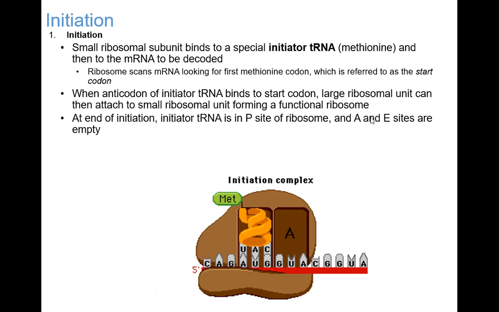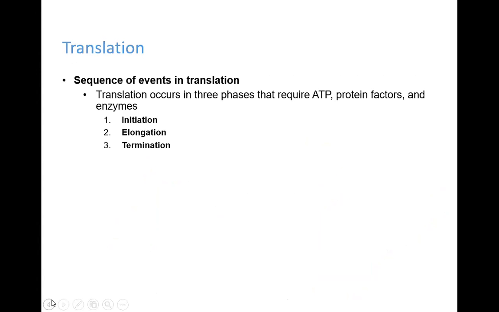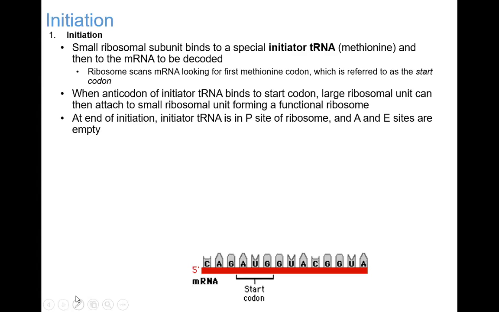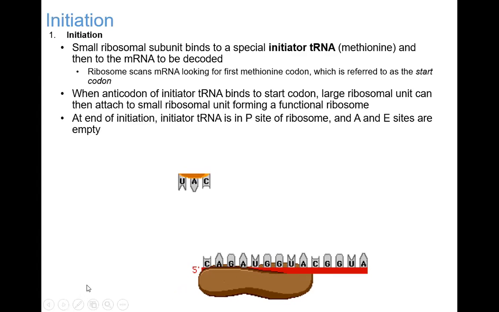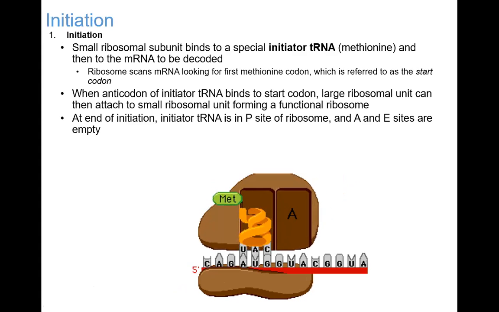Okay, so let me go back and start this again. We have our messenger RNA with its start codon. The ribosome is going to form around the messenger RNA, and a transfer RNA with the anticodon, the complement to the start codon, will land there. There's the transfer RNA, there's the large subunit.